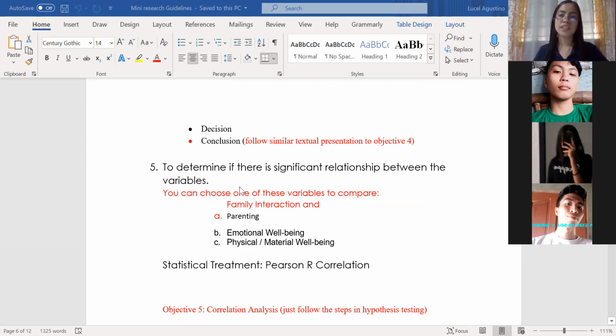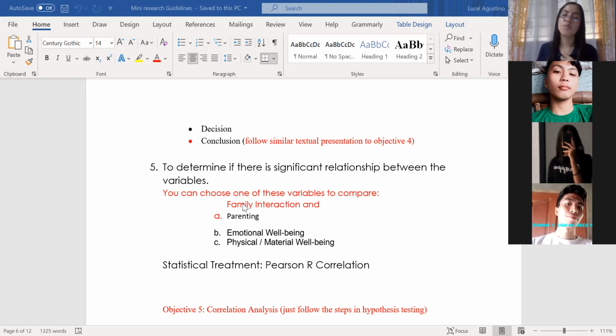To determine if there is a significant relationship between the two variables. So you can choose. Family interaction is one variable, and you choose your partner for family interaction: parenting, emotional well-being, or physical or material well-being. So family interaction is fixed. You compare whether family interaction has a relationship with emotional well-being.